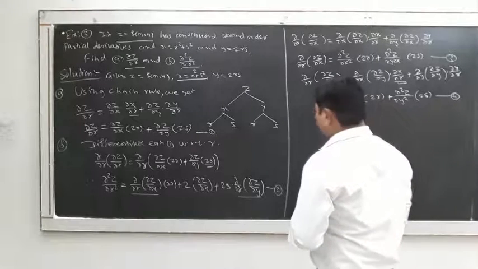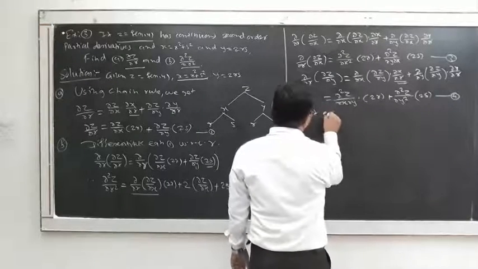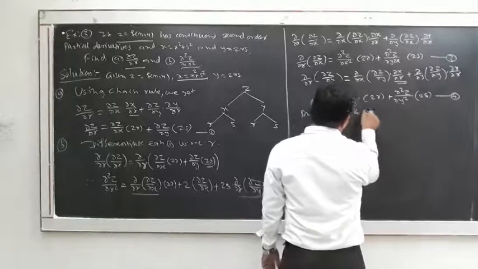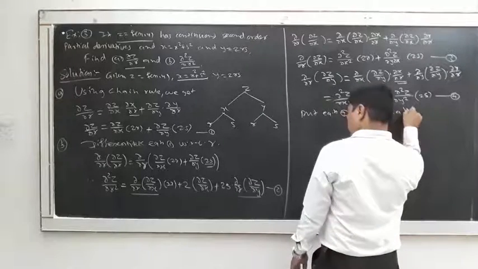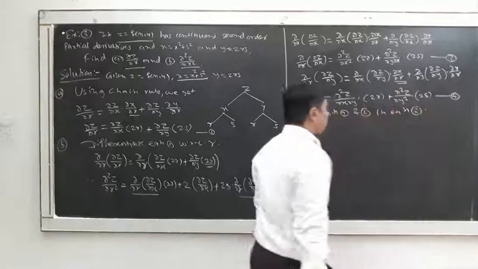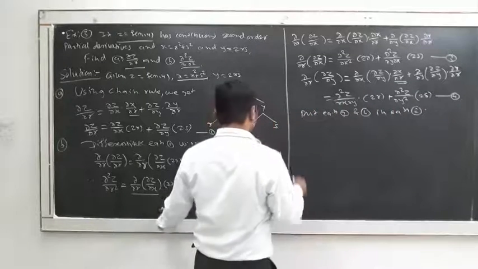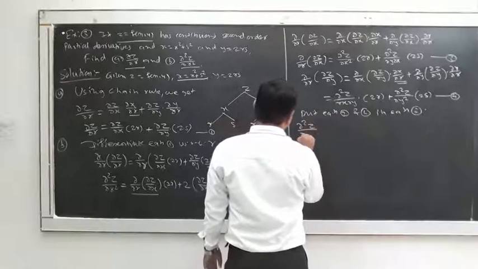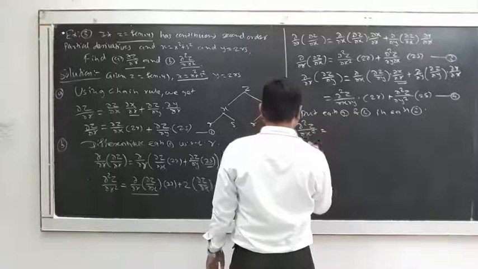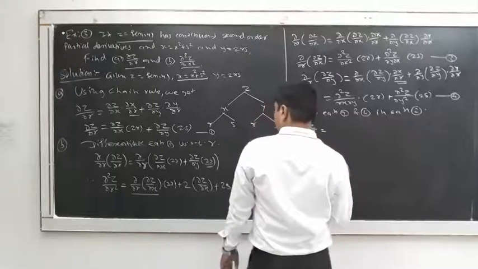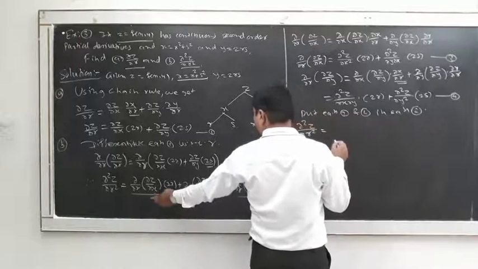Now what we have to do? Put equations 3 and 4 in equation 2. So what are we getting now? ∂²z/∂R², it is equal to, what is the value of this?